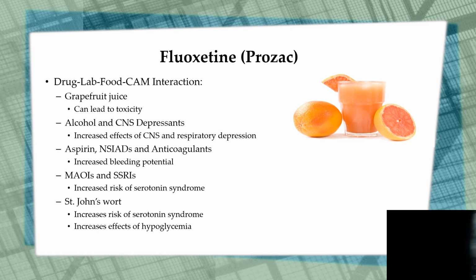Aspirin, NSAIDs, and anticoagulants would increase bleeding. MAOIs and SSRIs increase the risk for serotonin syndrome. And St. John's wort increases the risk of serotonin syndrome and increases the effects of hypoglycemia.